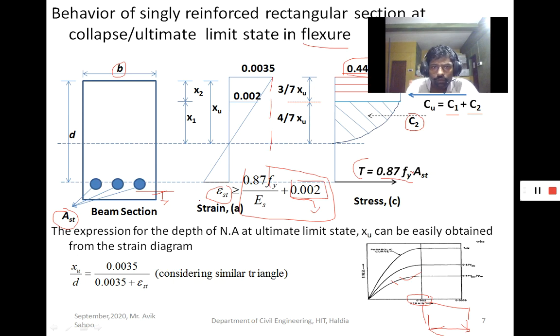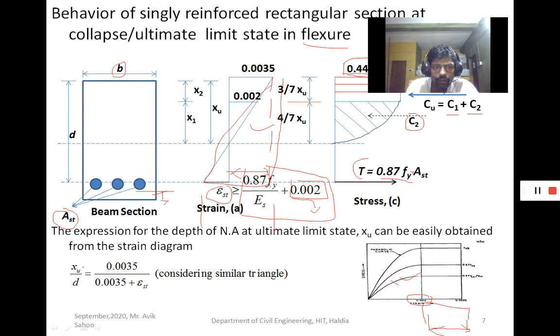This ordinate we know. This ordinate is how much? This is 0.0035. So we use this triangle and another triangle.